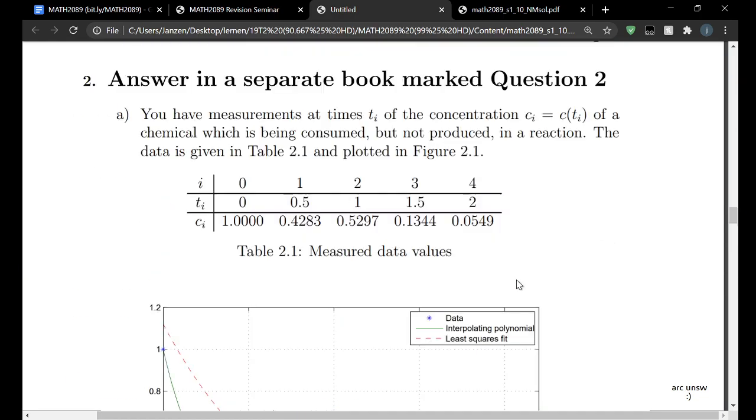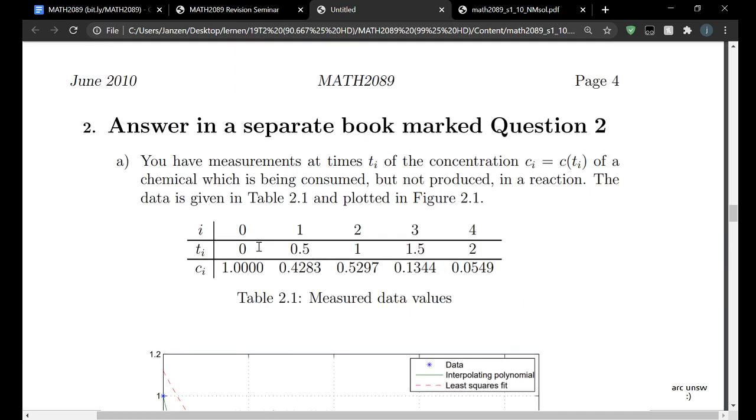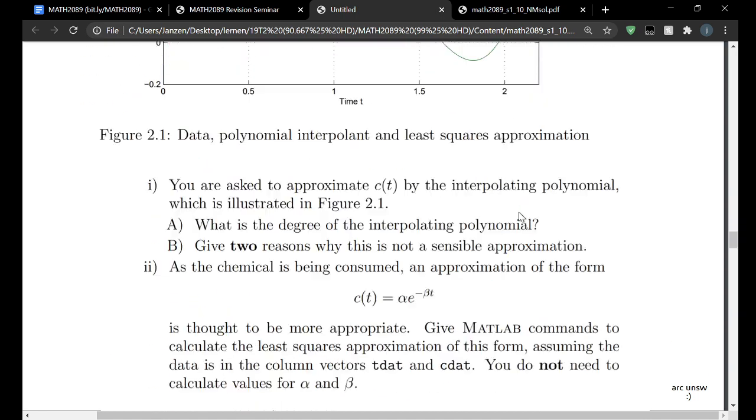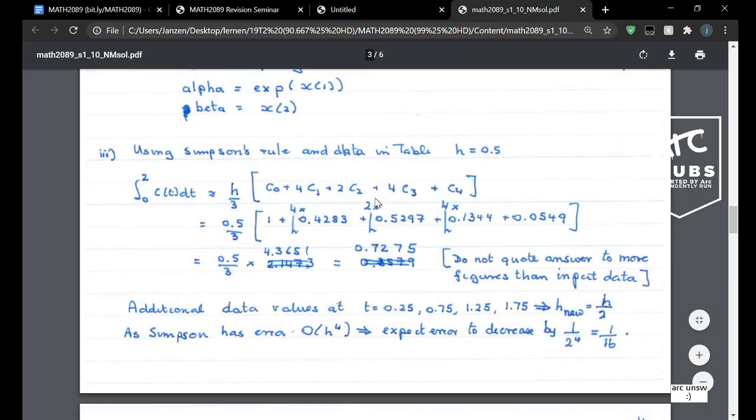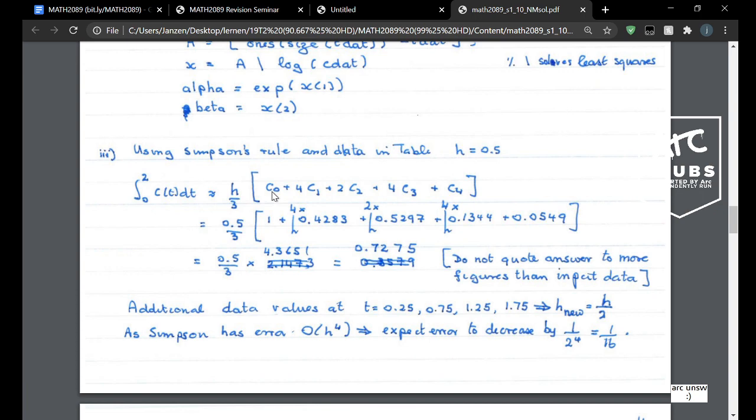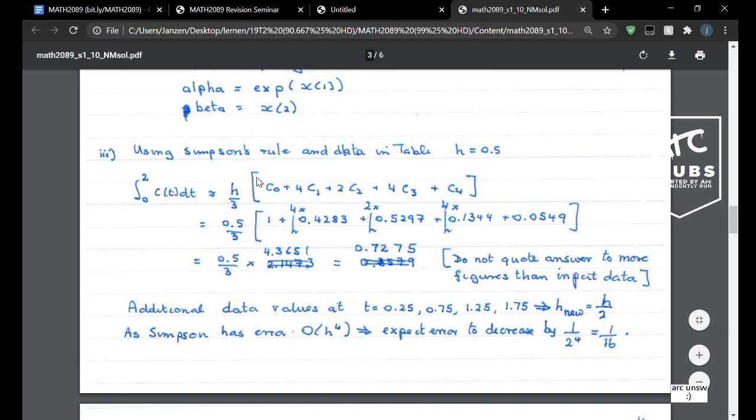Because the values of t are separated by equal subintervals, we can use Simpson's rule and the trapezoidal rule. In doing so, you just apply the values from the table and the weights corresponding to the equation to get the approximation. It's really just the formula here.